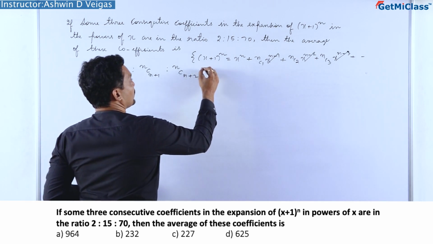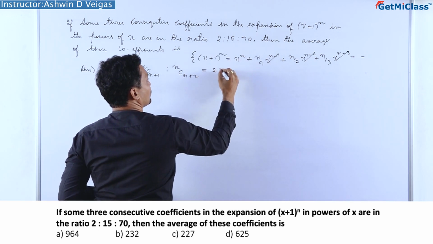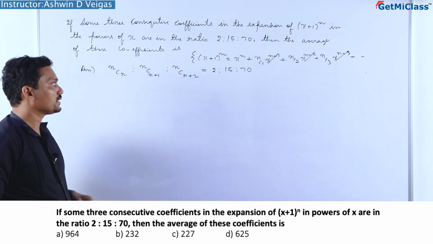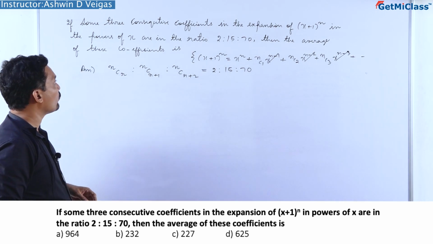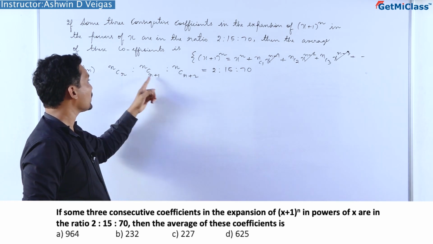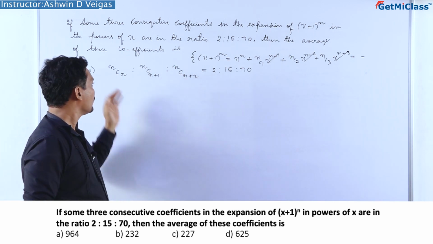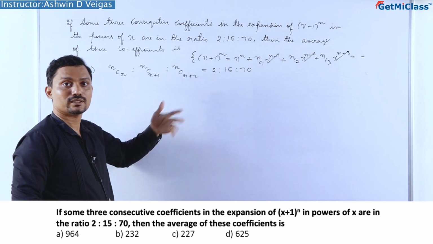This is 2:15:70, which is what they have given. Now you have to find the average of these coefficients. That means obviously you have to find n and r. You can only find the average if you know the numbers.